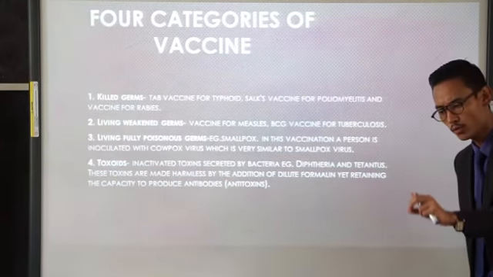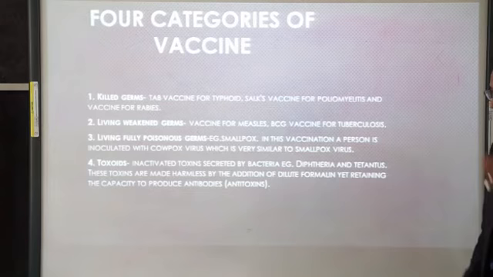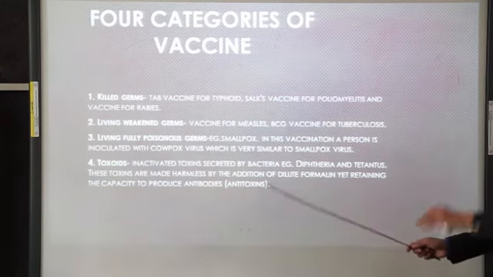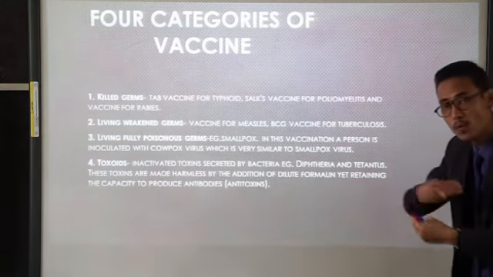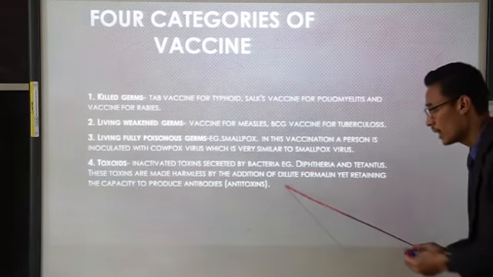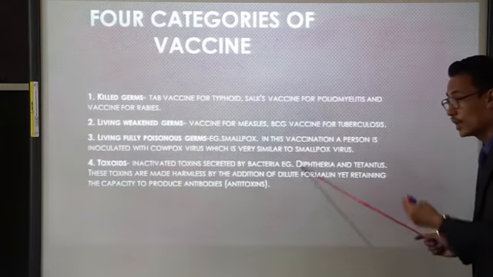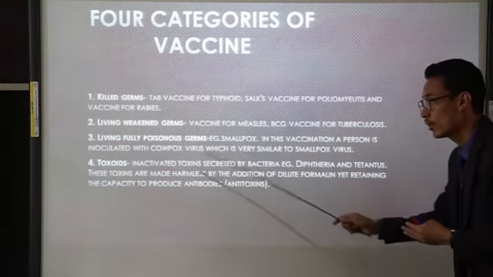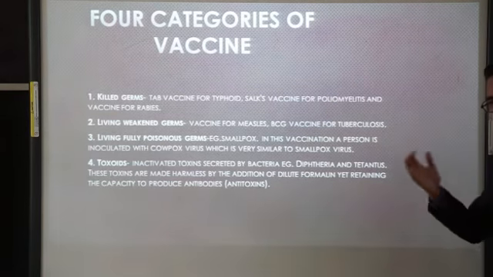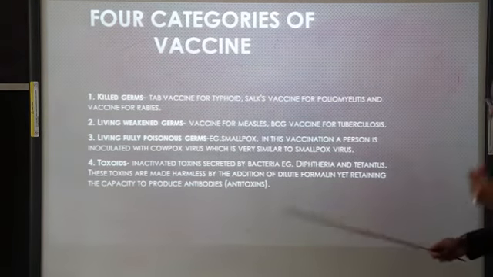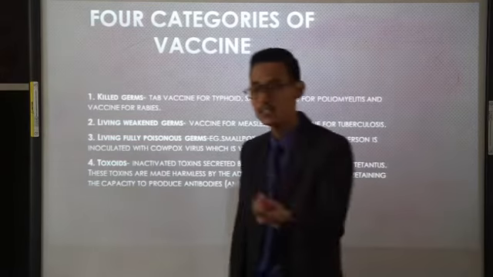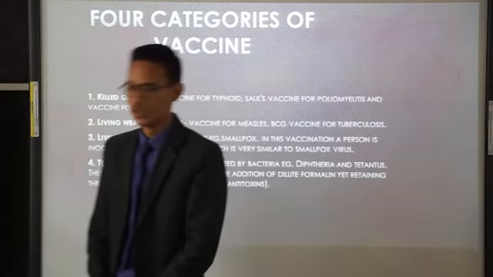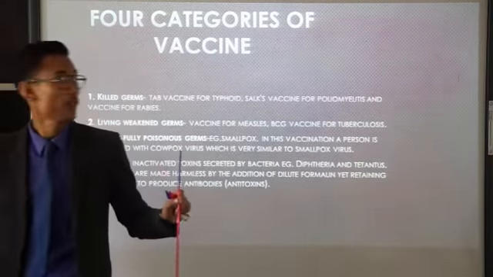So those poisons or toxins which are produced by the bacteria are made harmless or non-toxic by modifying them with the addition of chemicals like formalin. Now they are known as toxoids. Although they are not very toxic, they will be able to produce the antibody, they will be able to produce immunity in our body. So these are the four categories of vaccines.